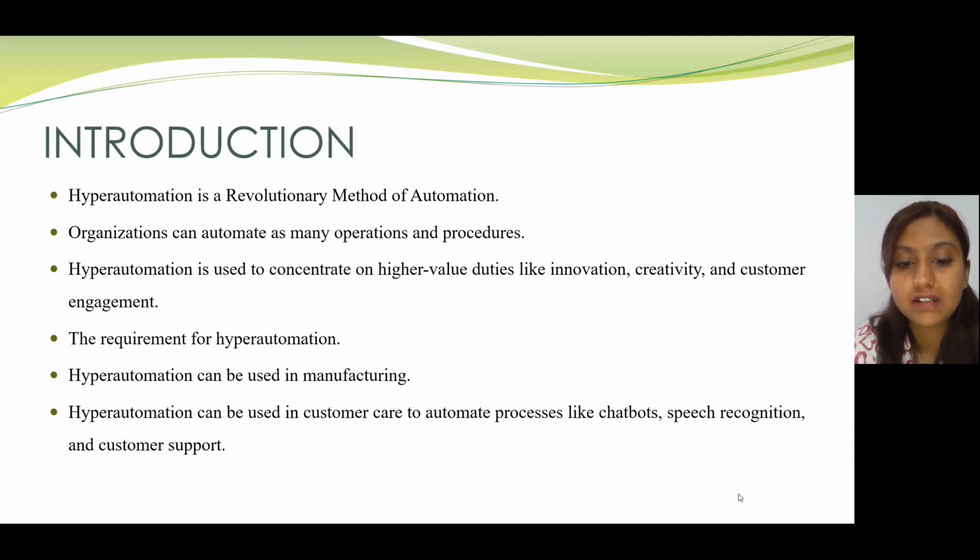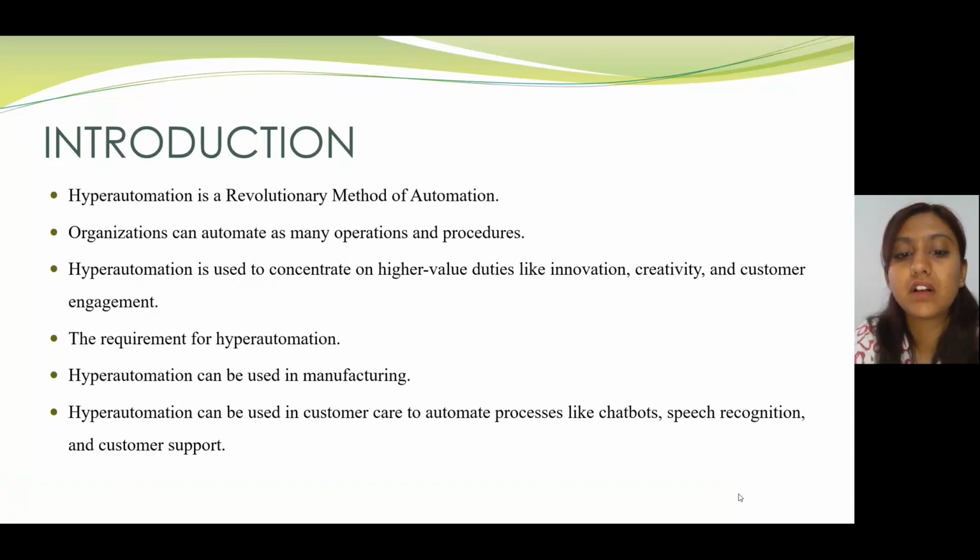We can say that simple, repetitive, and rule-based jobs can be successfully automated using traditional automation techniques like RPA, but complicated processes involving numerous systems, data sources, and decision points cannot be fully automated using these techniques.